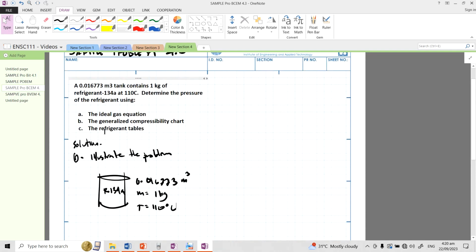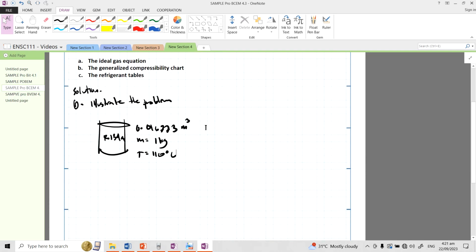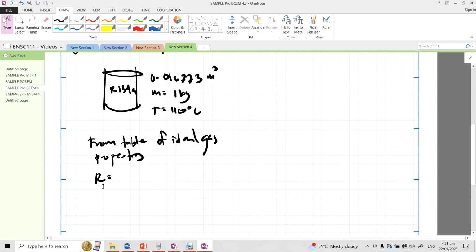Okay, since this is a refrigerant, and since we'll be using the ideal gas equation, that means we have to find the specific gas constant R from the table of ideal gas properties. So what is R?